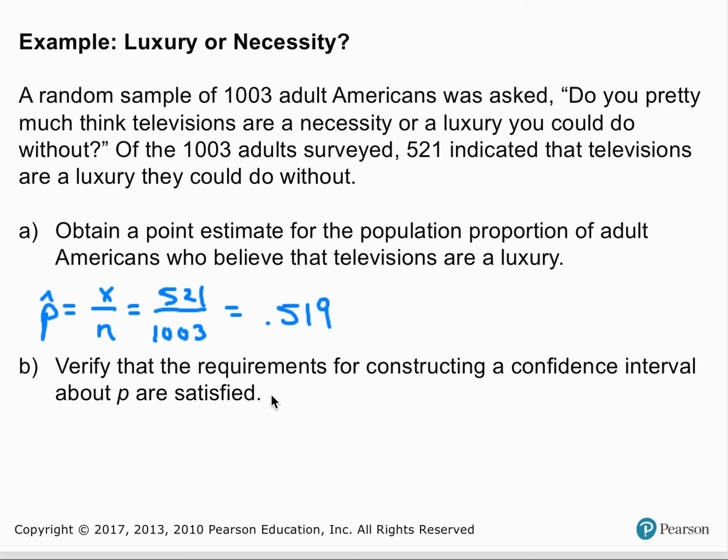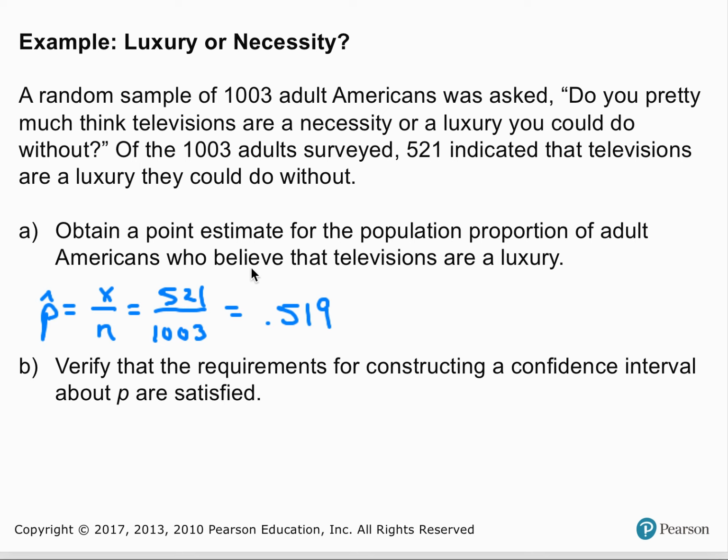Okay, verify that the requirements for constructing a confidence interval about p are satisfied. So what they're doing in this example, they're listing the steps, asking you one step at a time, instead of just like earlier when we had that question and I had to realize here's the process of steps I had to go through. Now they've broken it down and are asking you each step to consider.